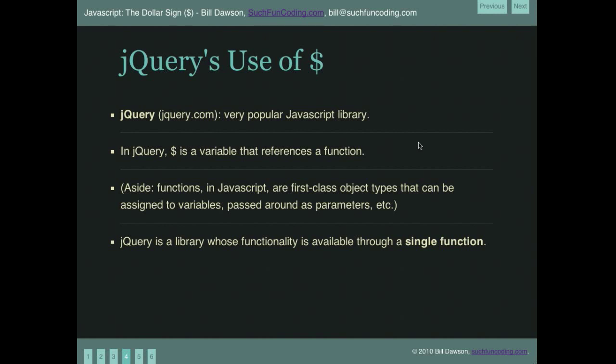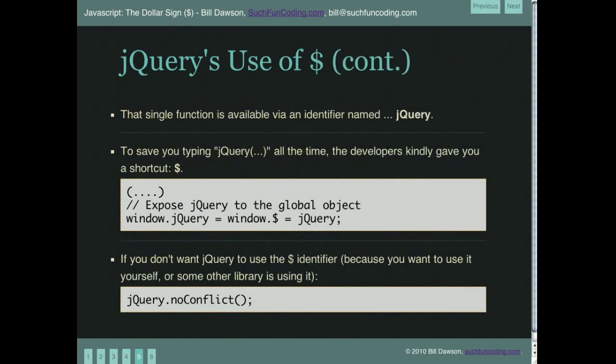Now in fact, jQuery is a library whose functionality is available through a single function. And that single function has a name called jQuery. But to save you from typing jQuery all the time, the developers gave you a nice shortcut, the $. And here you can see the last few lines of code in the jQuery source code.